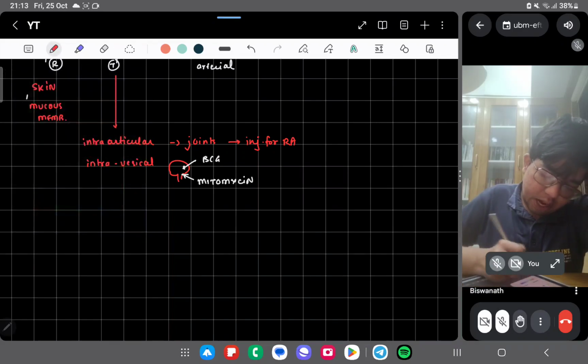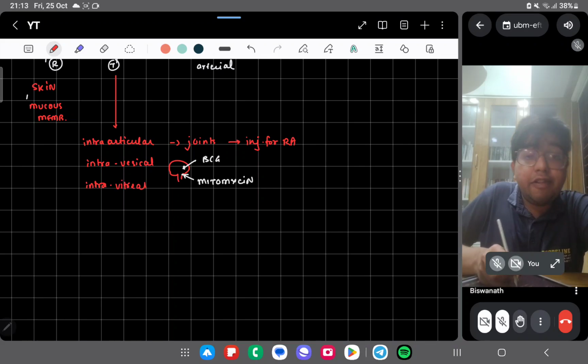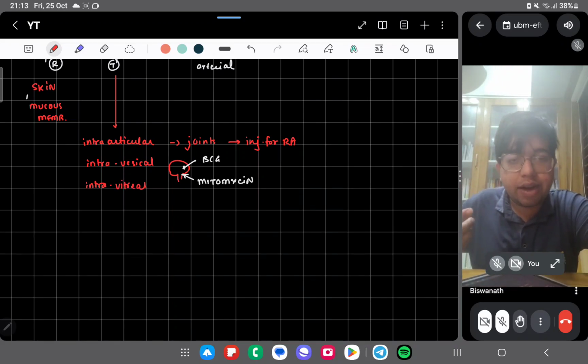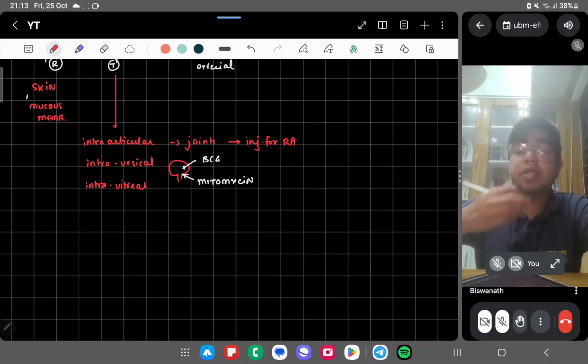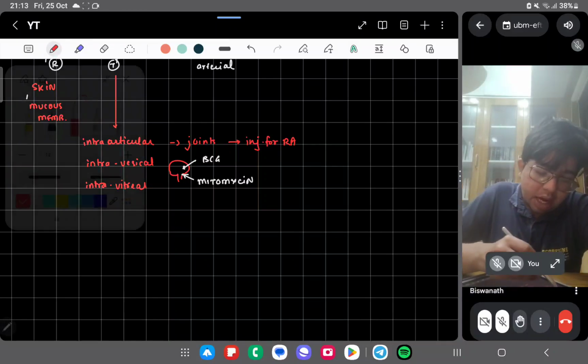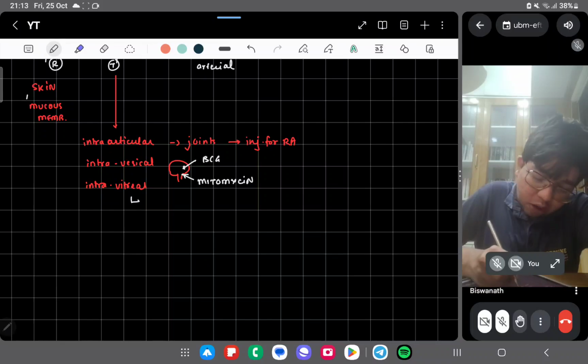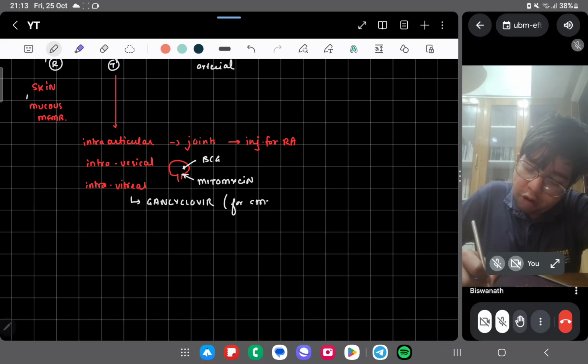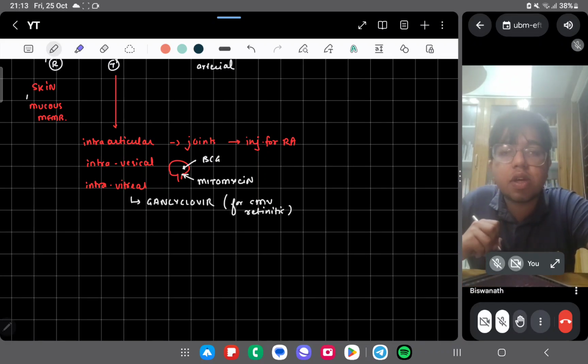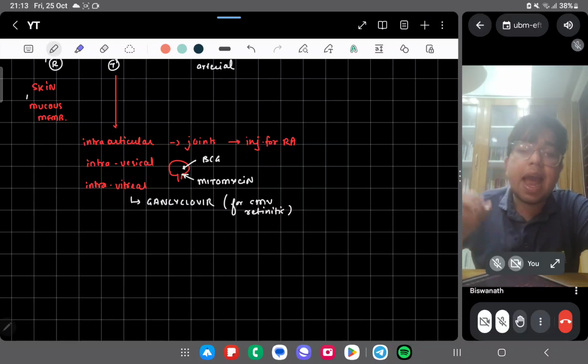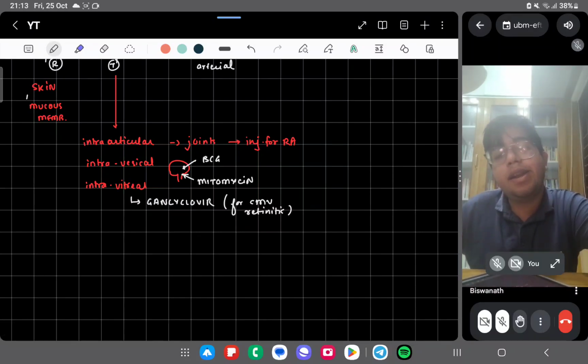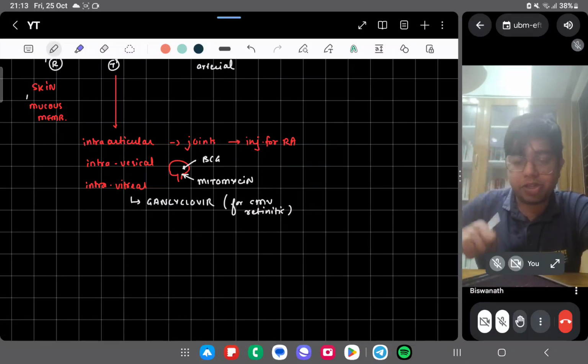Some drugs are intravitreal. Vitreal, vitreous humor, right? Some drugs for CMV retinitis, basically. The drug example is ganciclovir for cytomegalovirus retinitis. This is given intravitreally, the eye injections.